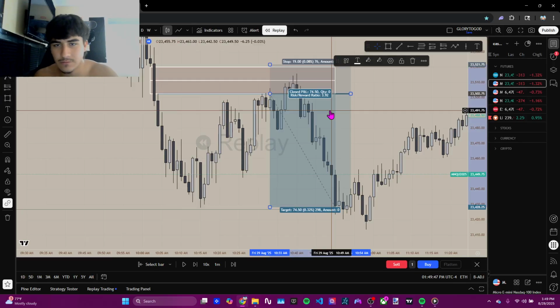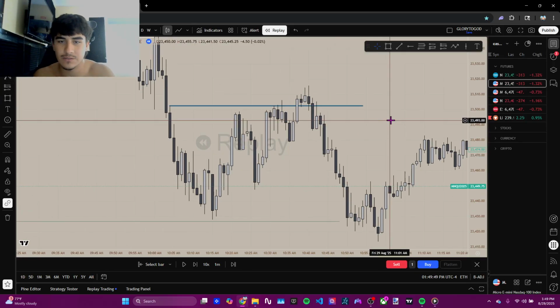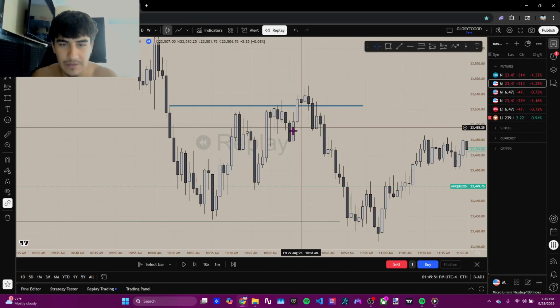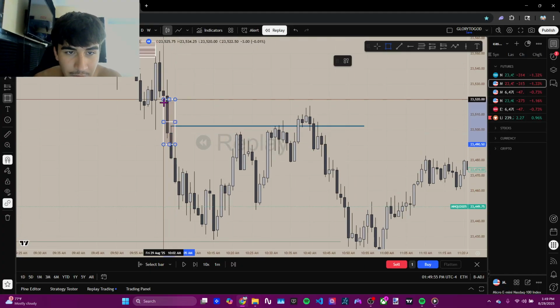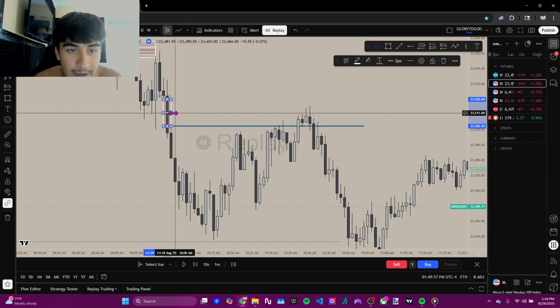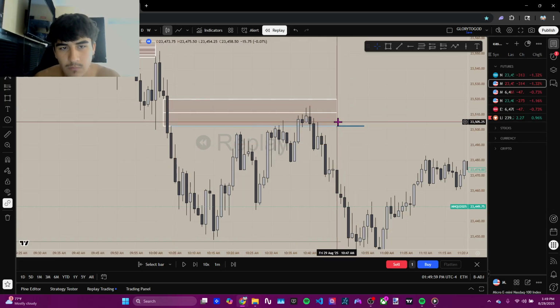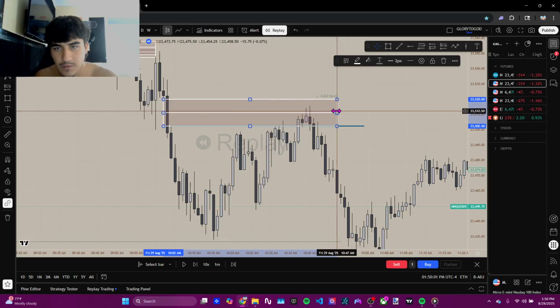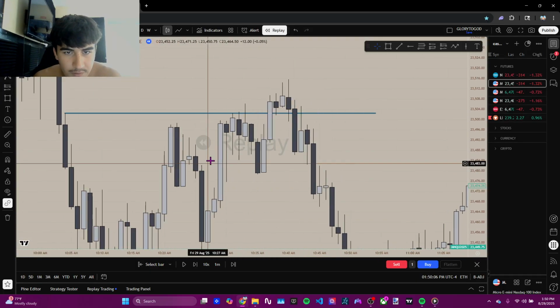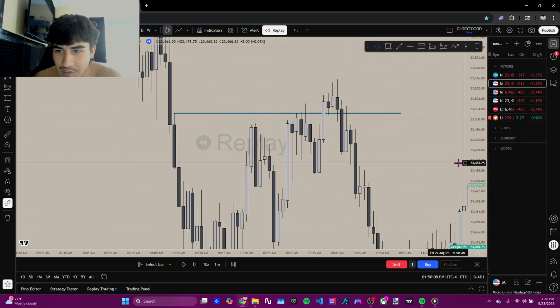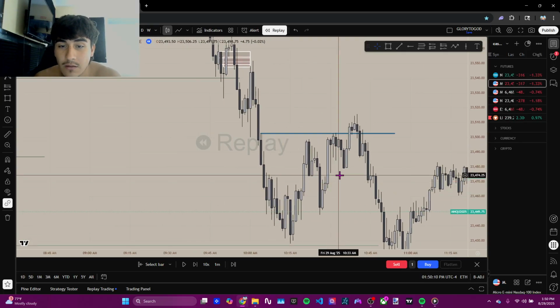But I didn't. The reason why I didn't take this trade was because I wasn't thinking correctly. Obviously, this was a fair value gap, like super obviously. And below it, if we just hide this for a second, there's all of this buy side liquidity. People are thinking, oh, great.